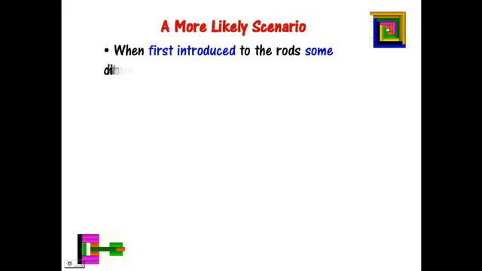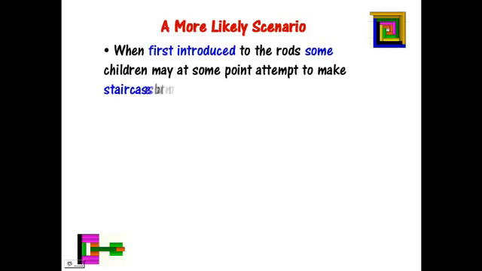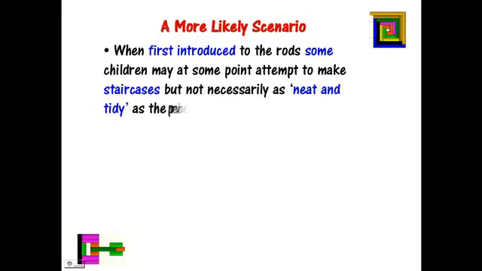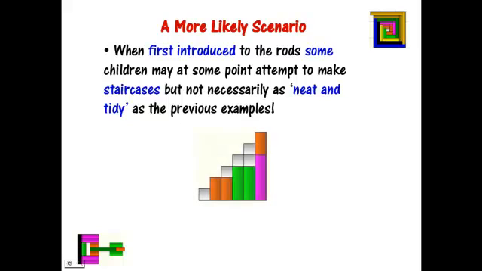Now, initially, this is the much more likely scenario you're going to face with your children. When first introduced to the rods, as we've already said, some children may attempt to make staircases, but they will not necessarily be as neat and tidy as the previous examples. Very often they'll use a smaller number of rods and combine rods to create the staircase.